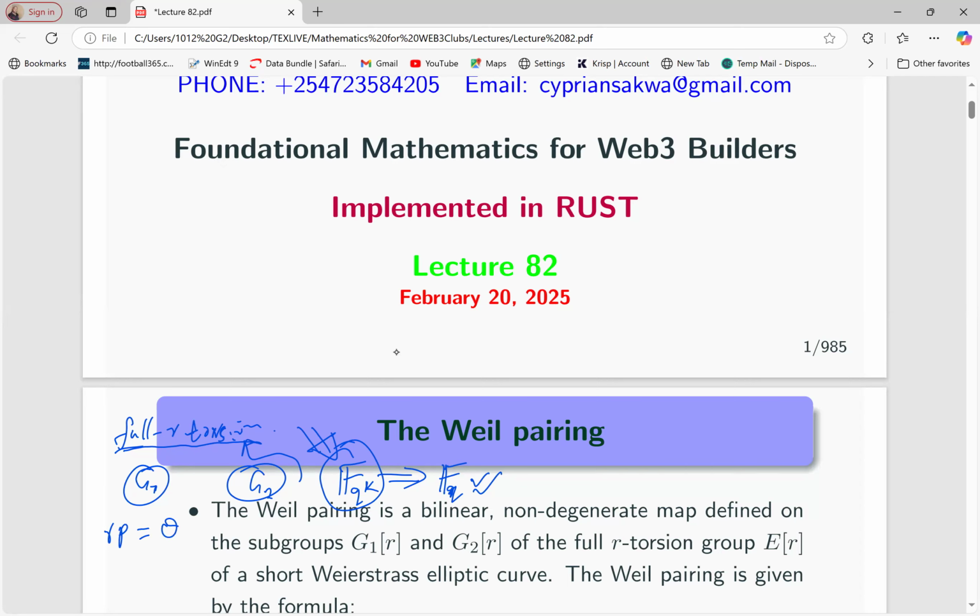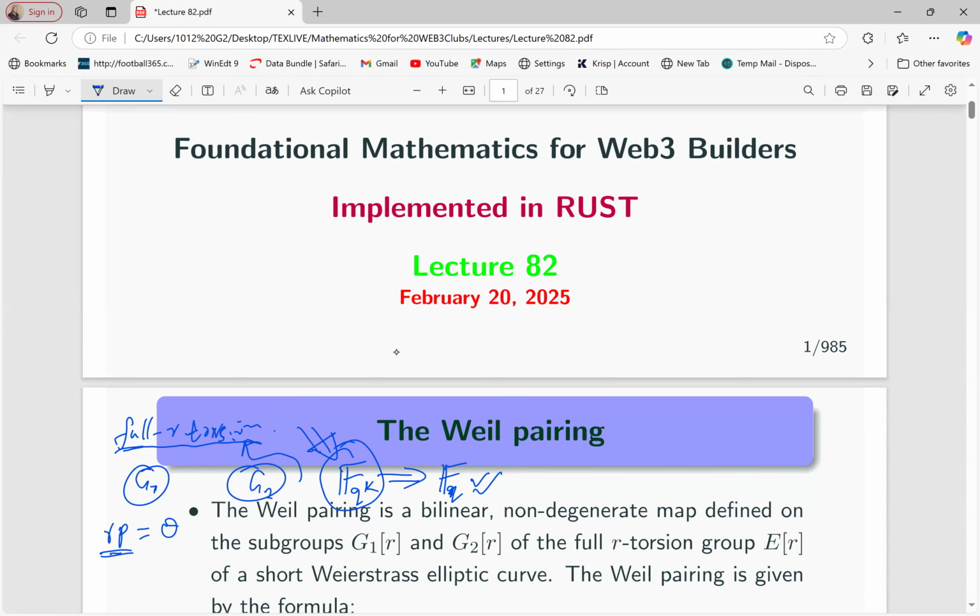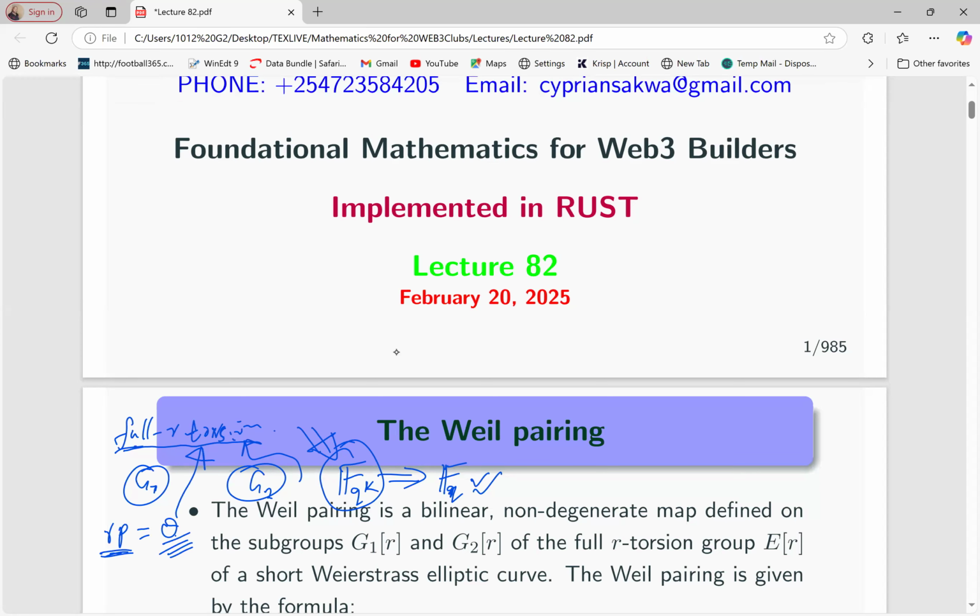So all those points which, when added to themselves R times, would give us the point at infinity, would form a full R-torsion group. Now, out of this full R-torsion group, we then came up with these two subgroups we called pairing groups, and those are the ones we'll be using today.